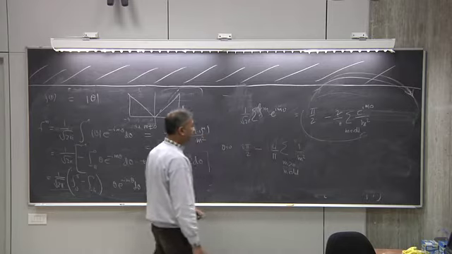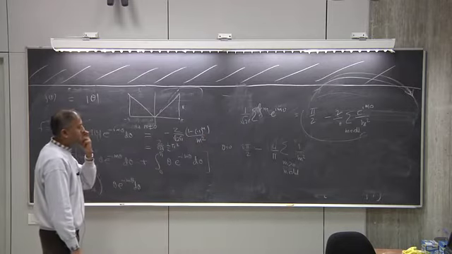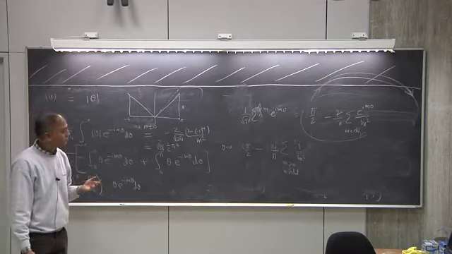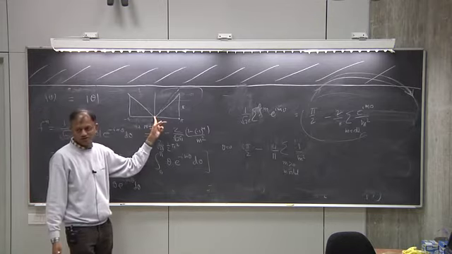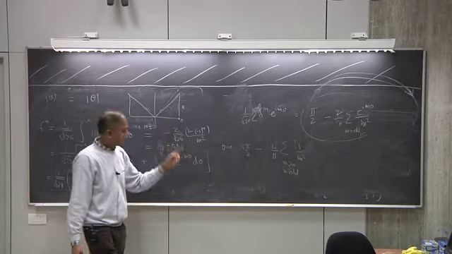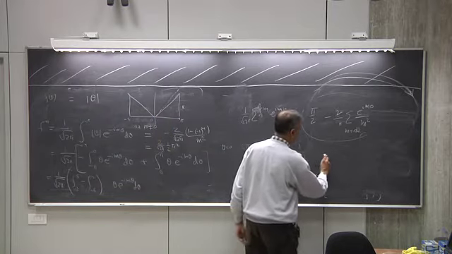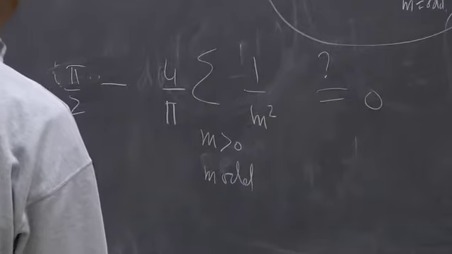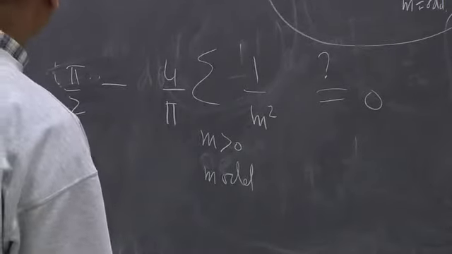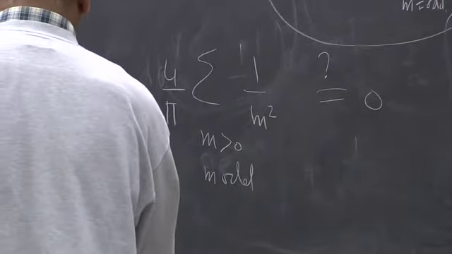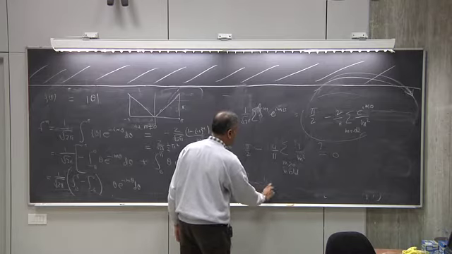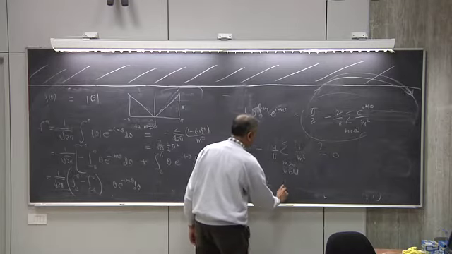That's what you get. And this should be equal to 0 according to the theorem, because the value of the function at theta equal to 0 is 0. Right? So this should be 0. And similarly, let's look at theta equal to pi. At theta equal to pi, you find pi by 2 minus 4 over pi times the sum of 1 over m square.